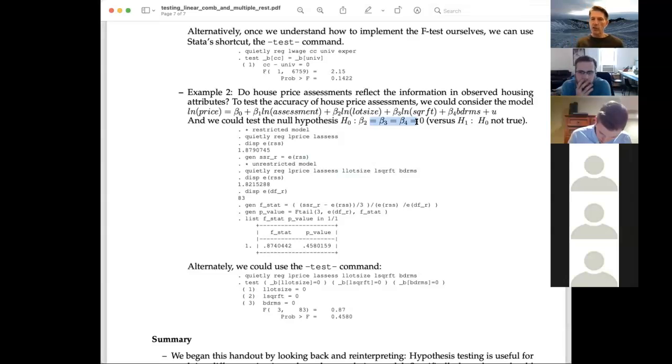That's the number of restrictions. That goes as the numerator degrees of freedom in your F statistic. And then the sum squared residuals for the unrestricted model divided by the degrees of freedom for the unrestricted model. And it turns out we get an F statistic of minor size, and a p-value of 0.46.